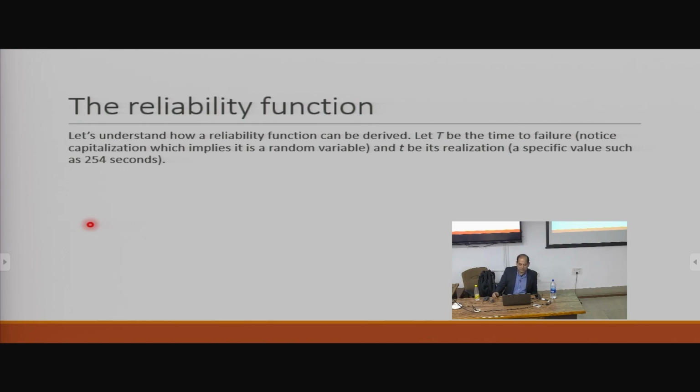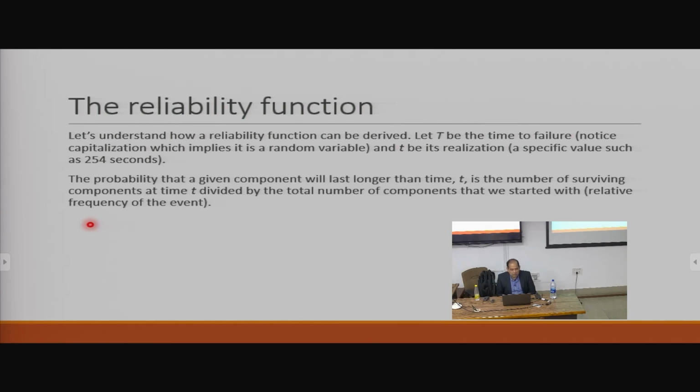So let's understand how this function can be derived. We first define a random variable T, which is the time to failure, okay? Notice capitalization, which means it's a random variable. And small t is a realization, which is a specific value such as 254 seconds, okay? It's standard procedure when we deal with random variables.